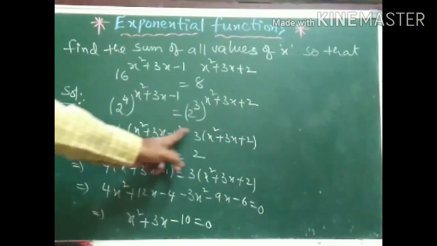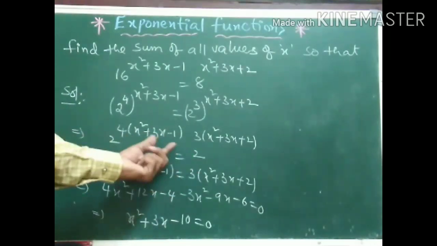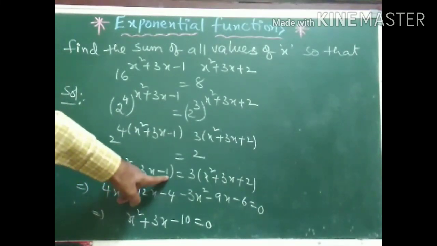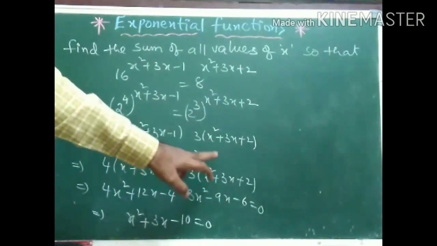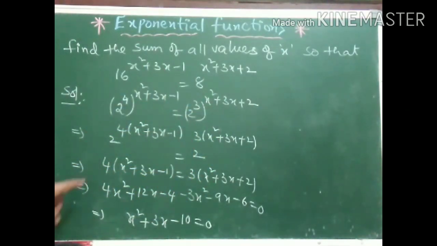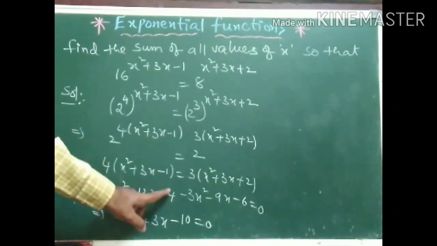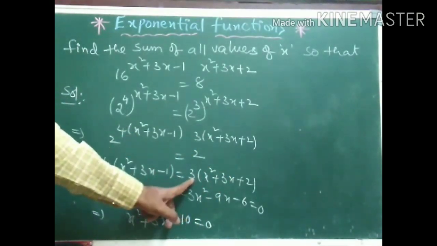Now both sides' bases are the same, hence I can equate the powers. So that implies 4 into (x square plus 3x minus 1) is equal to 3 into (x square plus 3x plus 2). So multiply with 4: 4x square plus 12x, 4 into minus 1 is minus 4, and better bring these terms to this side after multiplying by 3.